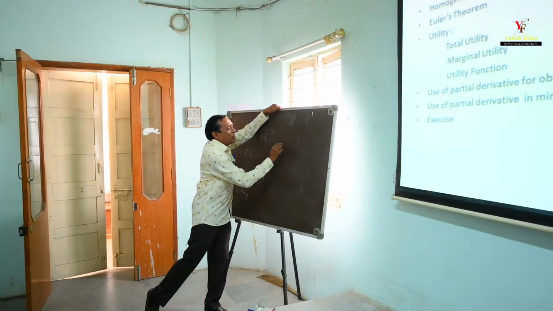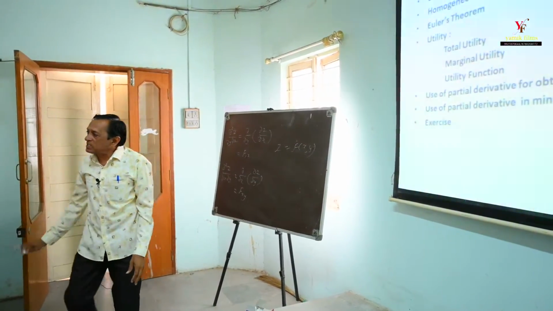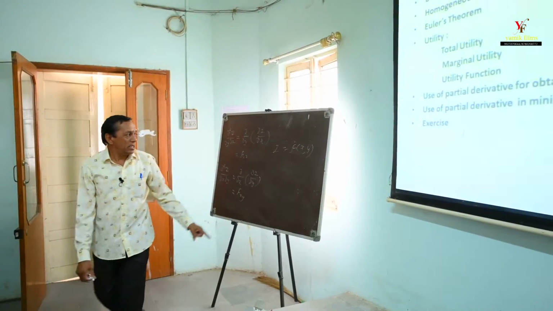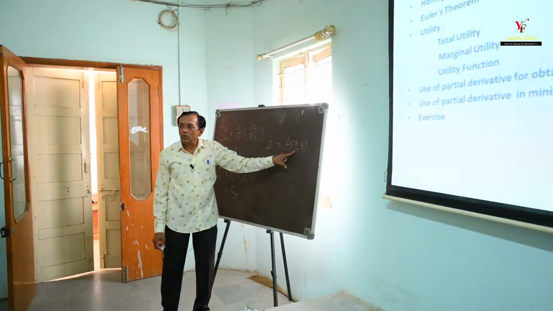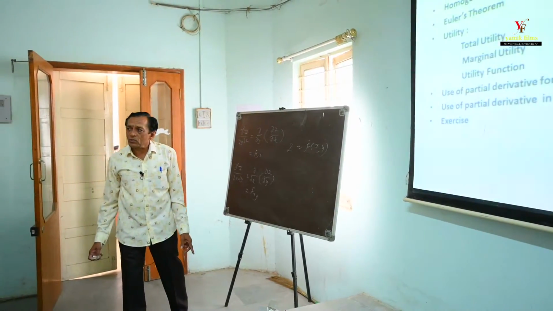Using these formulas, we can find for any function z, or f of x, y, that is given, six values.